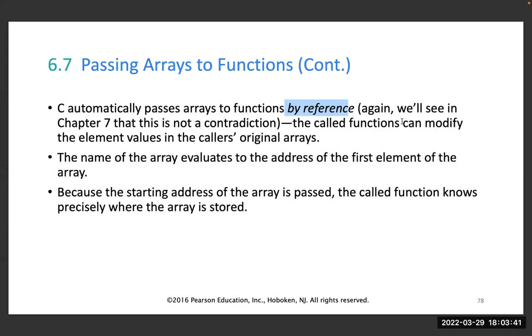So the called function can modify the element values in the caller's or original array. The array name evaluates to the memory address of the first element of an array. Okay, so the array name is just the memory address of the first element in the array.